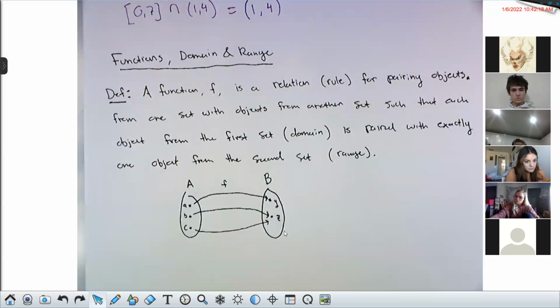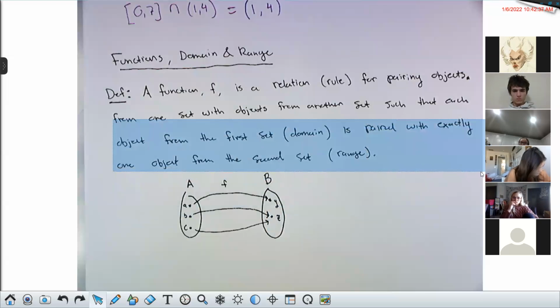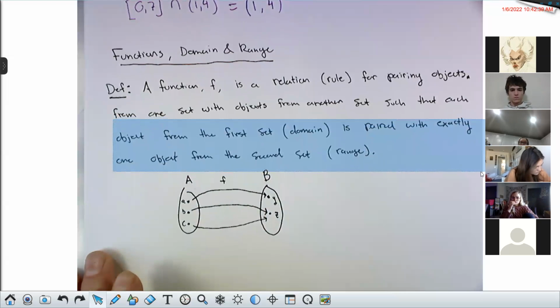I want you to think carefully whether this satisfies the definition above or not, because there's something a little bit weird about this, right? We need each object from the first set to be paired with exactly one object from the second set. Is that satisfied by this diagram or not?